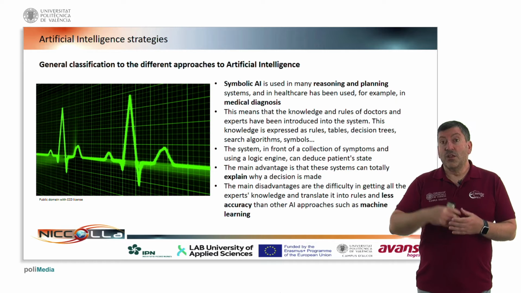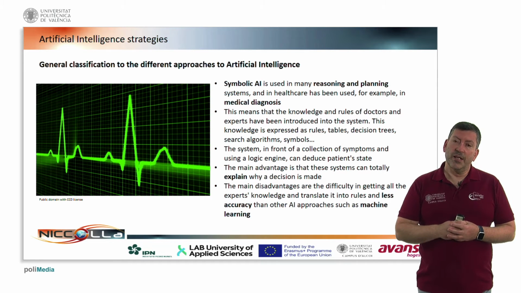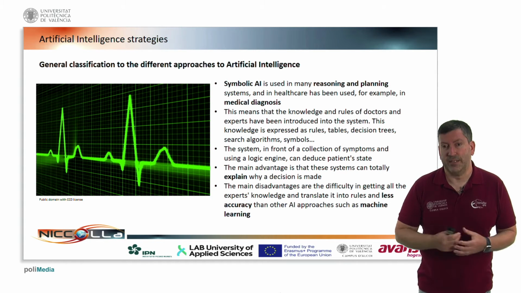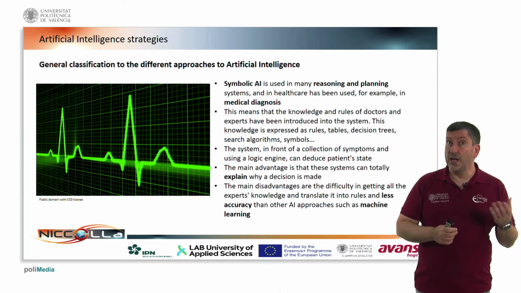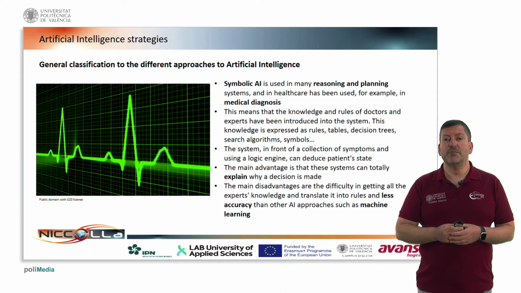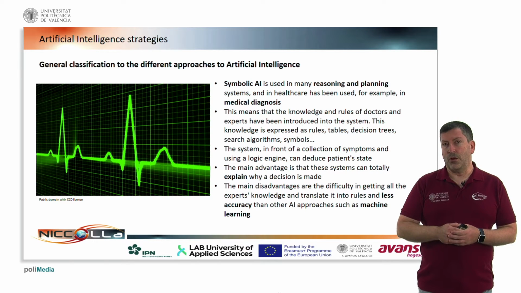Another disadvantage is that generally these systems are less accurate than other AI approaches, such as machine learning, which is the one we are going to talk about right now.